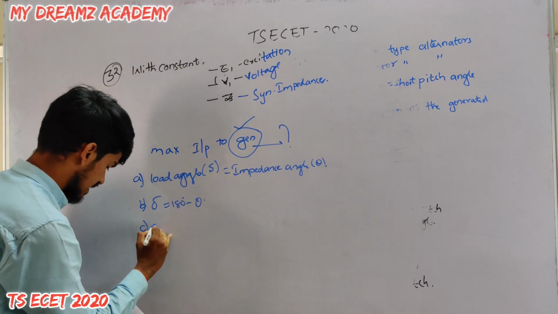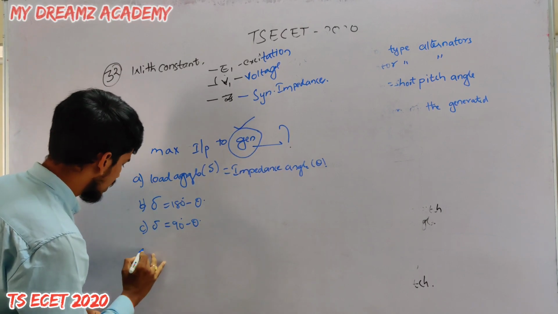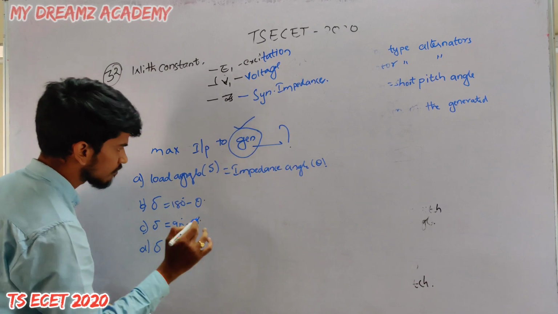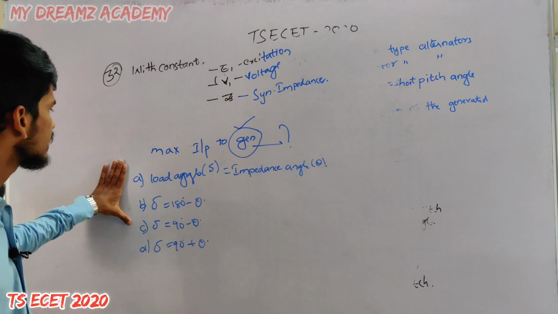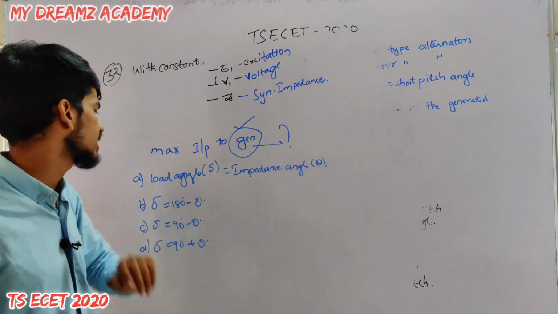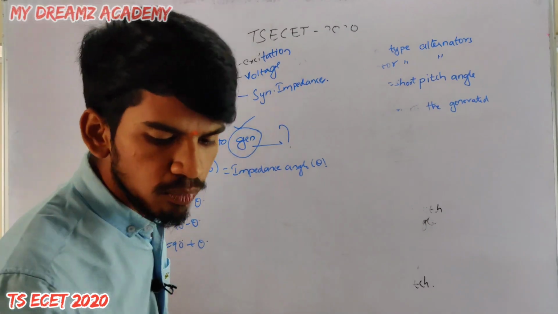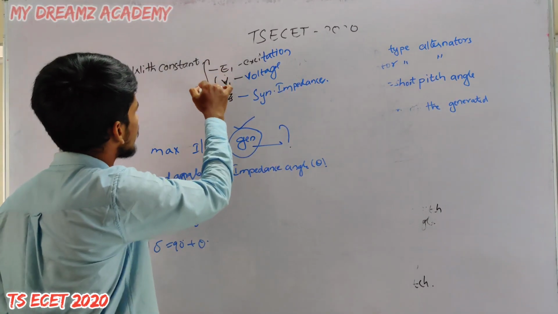Option C, load angle is equal to 90 minus theta. Option D, load angle is equal to 90 plus theta. Here are the options given. We need to verify what the condition is regarding our motor and what it is regarding our generator. These are all the constants.